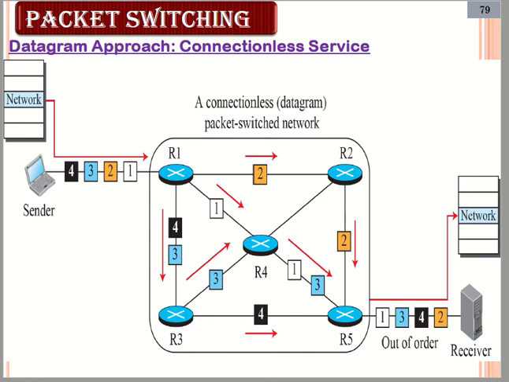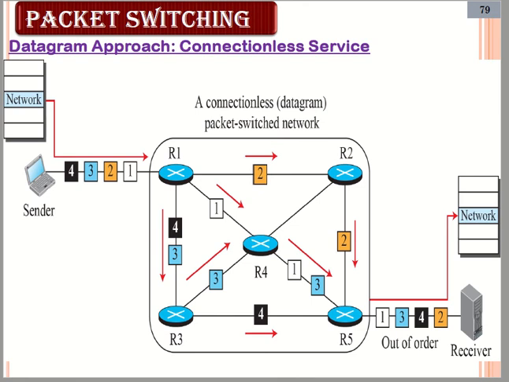As I said, it is an approach for a connectionless service. Initially, when the internet started, the network layer was defined to provide connectionless services, so that each packet is treated independently, that is, each packet has no relationship with any other packet.